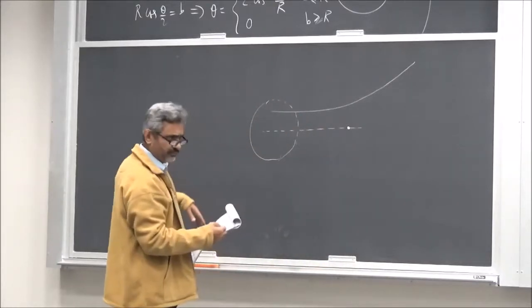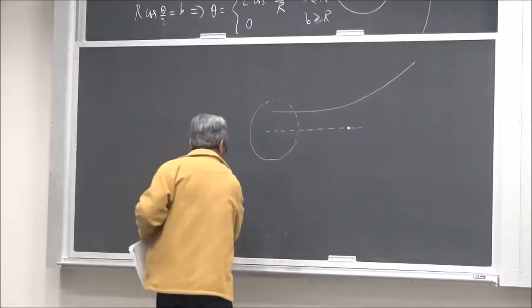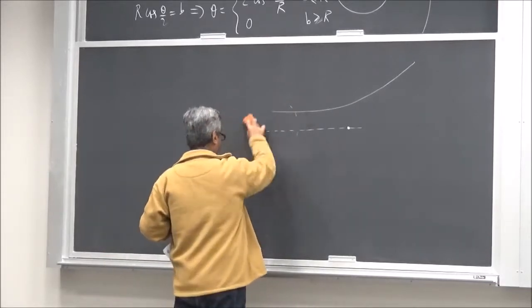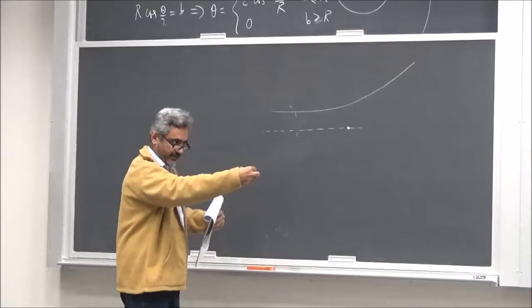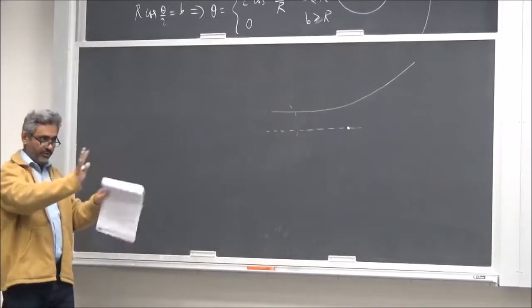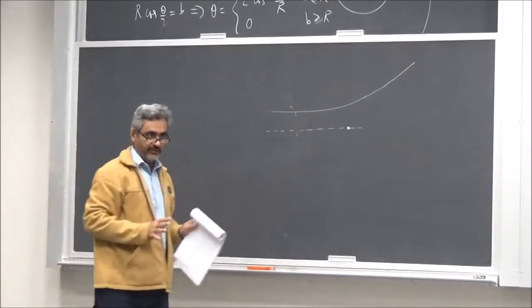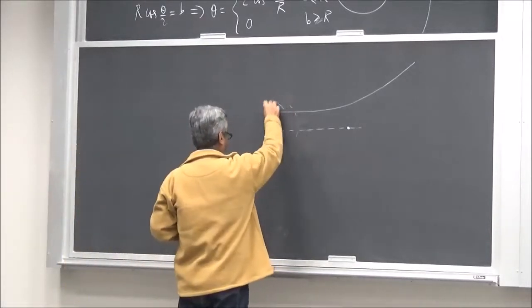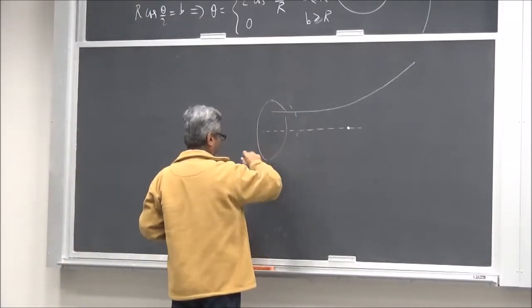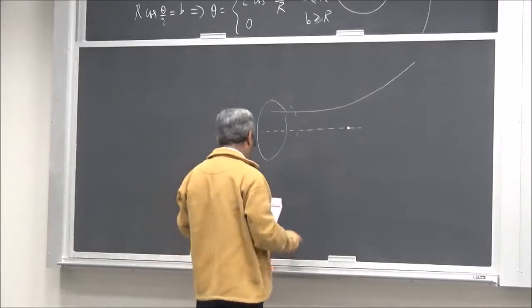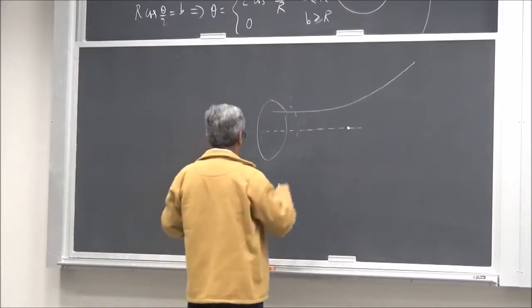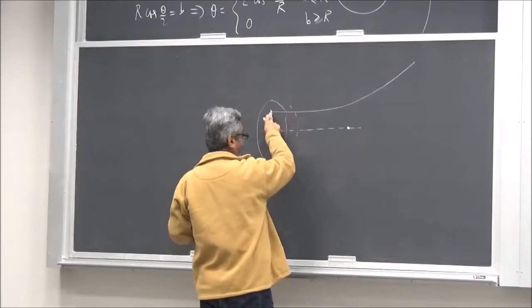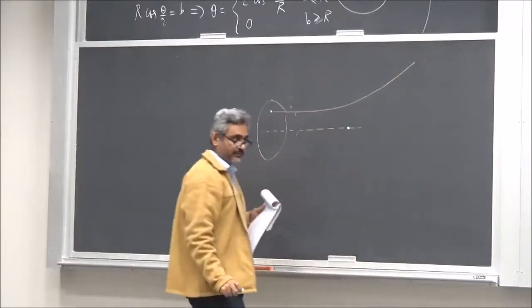You see what I'm trying to draw? So this is the scattering center here, and you take this distribution of particles and just throw it at the target, something like this. All these particles go in this direction. If you were to take one particle here, it will go in this direction.